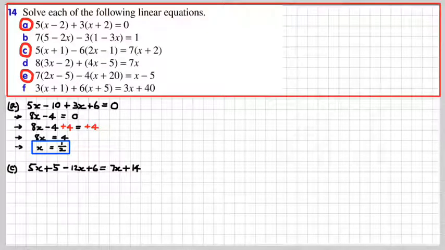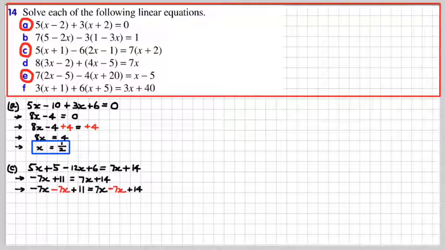Okay, multiply the brackets out. 5x plus 5 minus 12x plus 6. Did you get that? Equals 7x plus 14. Now clean it up. We get minus 7x plus 11 equals 7x plus 14. Very good. What I've done is subtracted 7x from both sides to get rid of this 7x here.